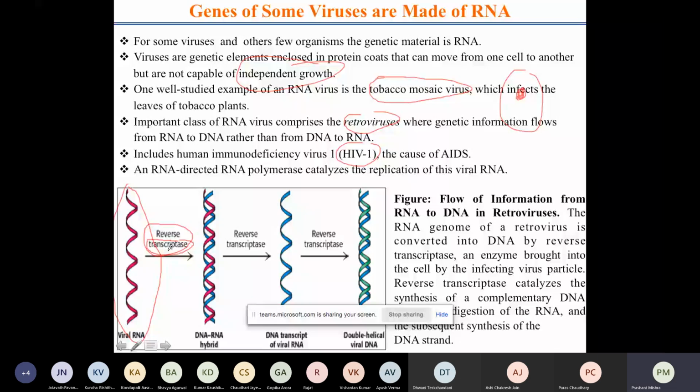Reverse transcriptase converts viral RNA into a DNA-RNA hybrid. So initially, from the RNA strand, you get a complex of DNA and RNA strands. The nucleotides will come and make a DNA strand out of an RNA strand.